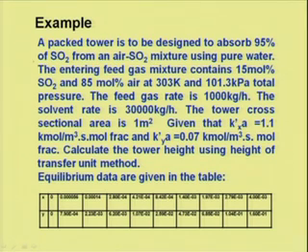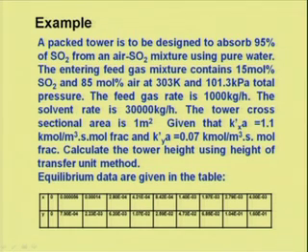As we can see, the equilibrium data is also same for the system, and a packed tower is to be designed to absorb 95% of sulfur dioxide from an air SO2 mixture using pure water. The entering feed gas mixture contains 15 mole percent sulfur dioxide and 85 mole percent air at 303 Kelvin and 101.3 kilopascal total pressure.